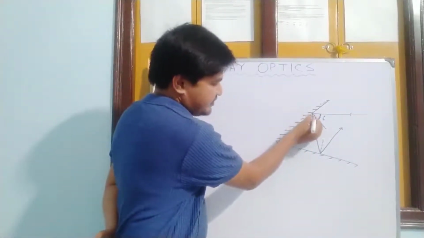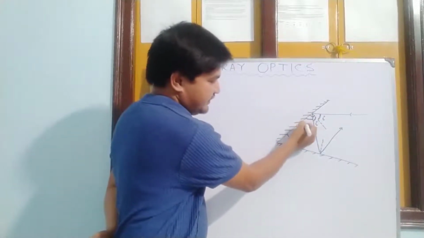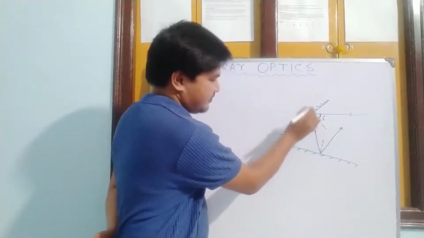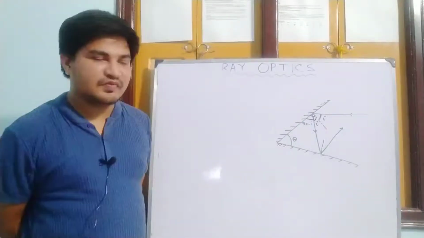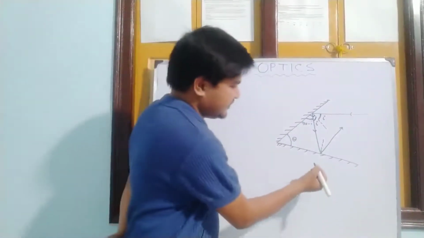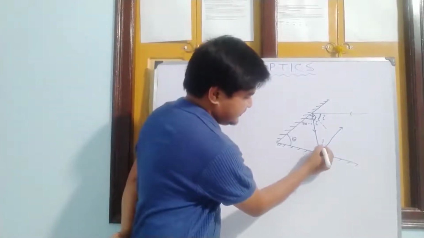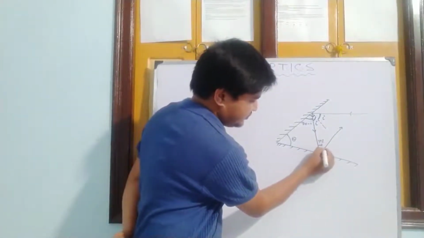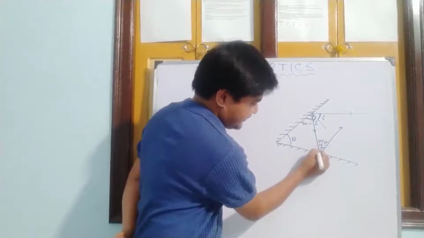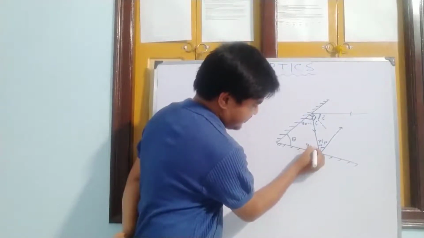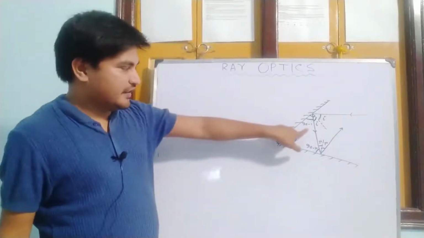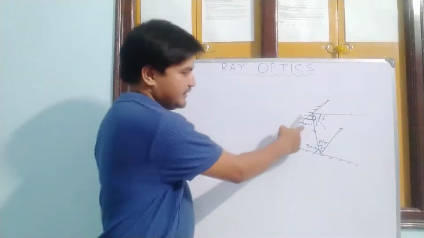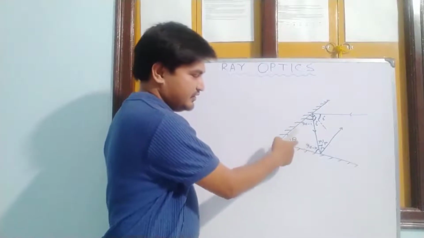As this is 90, this will be 90 minus I. Okay, and next let us consider this angle is R, so this will also be R and it will be 90 minus R. So this angle is 90 minus I, this is 90 minus R and this is theta.